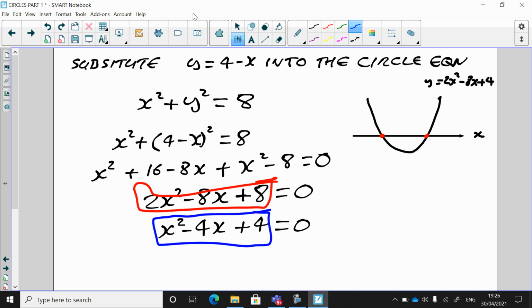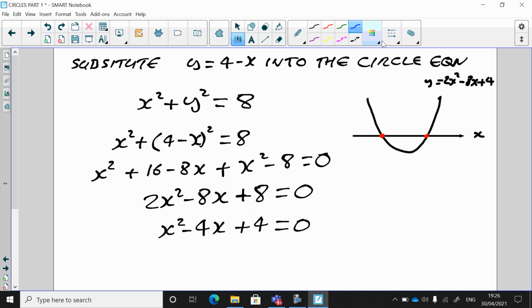That graph is different. It's been divided by 2, and it just changes the shape of the graph. It just makes it kind of shallower.